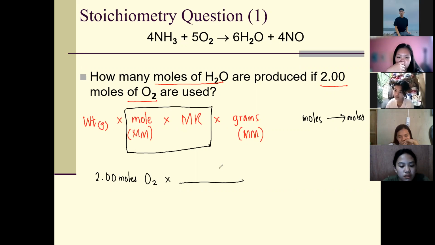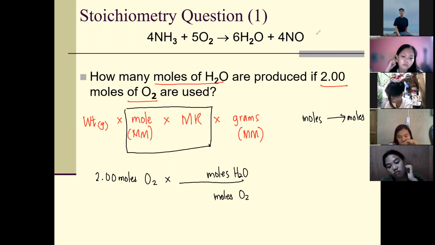You have 2 moles of oxygen times the mole ratio. So the mole ratio again is the coefficient. But take note, this is moles of oxygen here. Dapat nasa baba siya dito para ma-cancel. So anong hinahanap natin? Moles of water. So sa taas siya. Now, ano yung ilalagay natin dito? Yung coefficient from the balanced equation. So supposedly, ilan dapat ang moles ni oxygen? You have there 5.